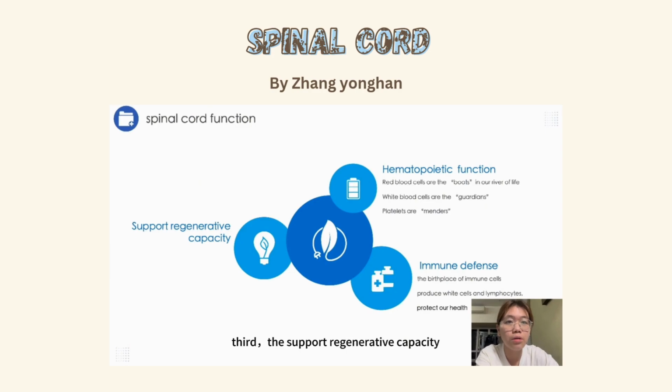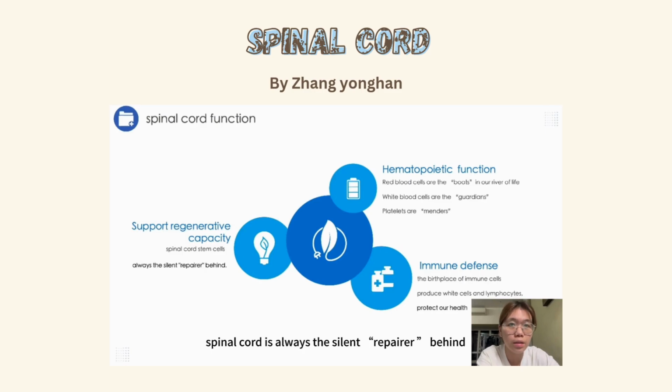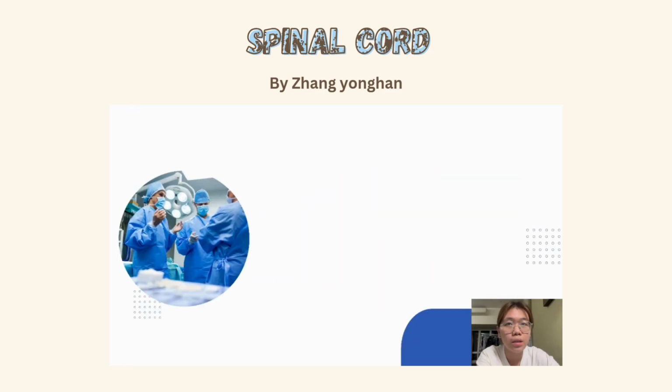Third, the regenerative capacity. Spinal cord stem cells have a strong ability to regenerate and differentiate, whether it's the renewal of blood cells or the recovery after injury. Spinal cord is always the silent repair worker behind the scenes.